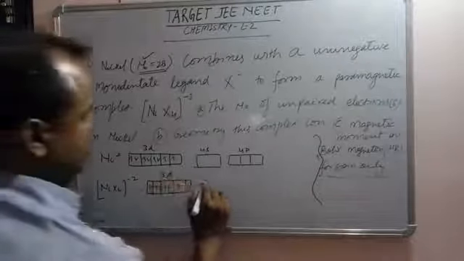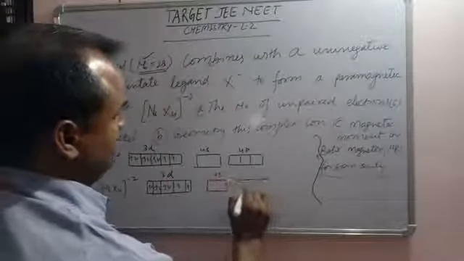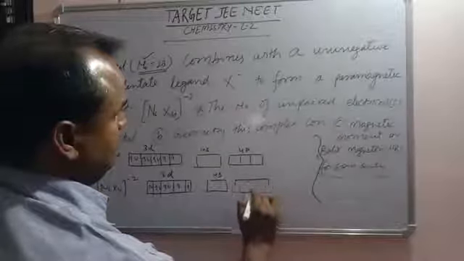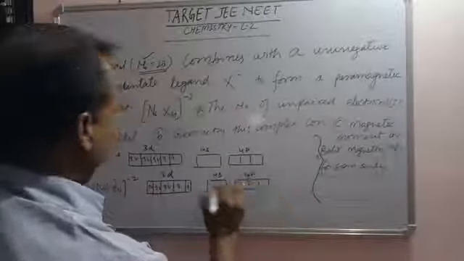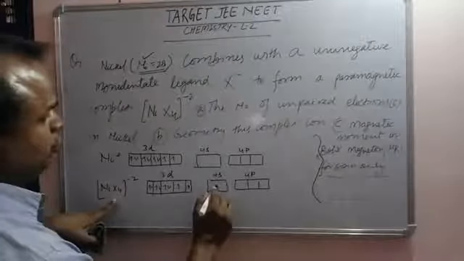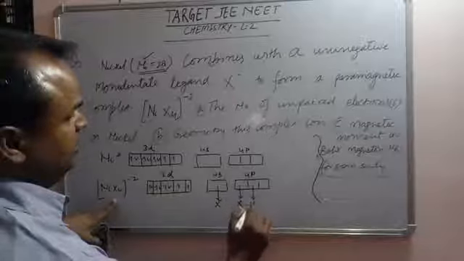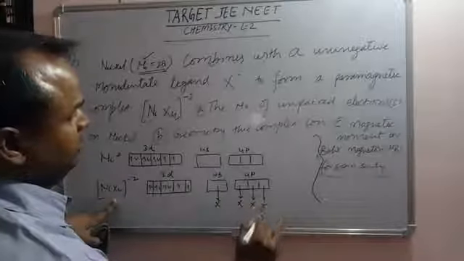We are having 4 X atoms, so one combines with this, one with this, one with this, and one with this.